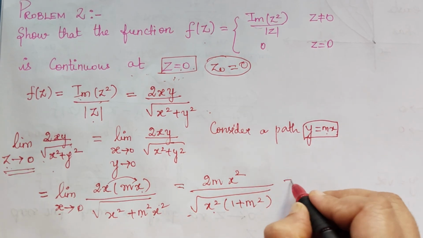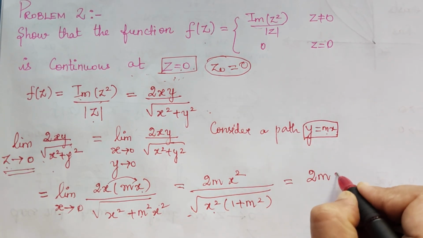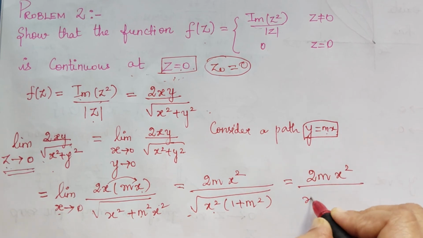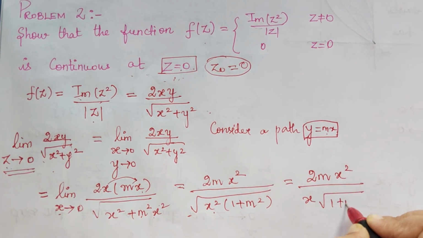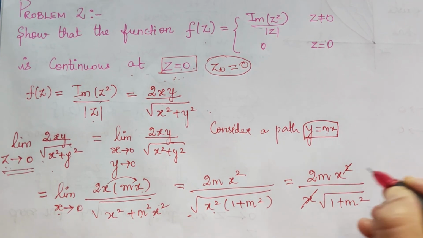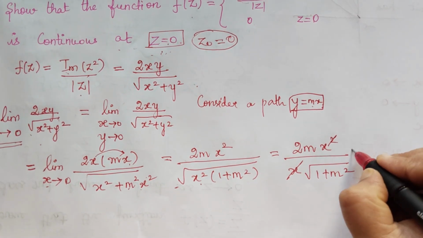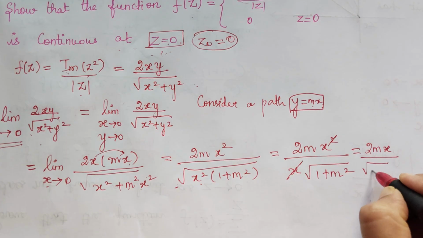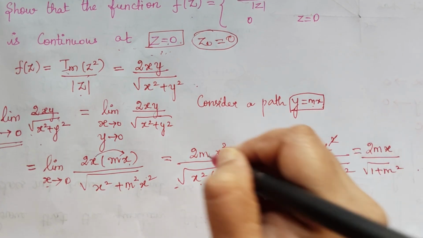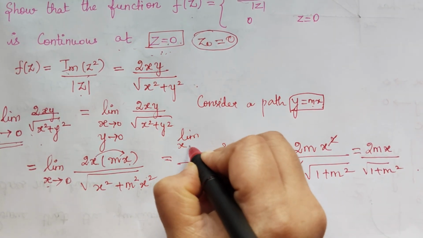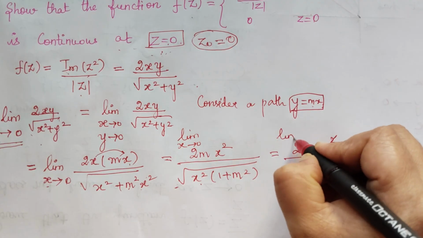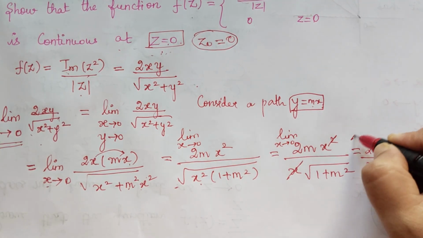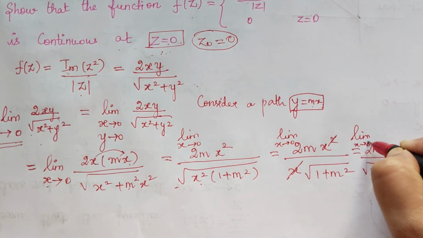Taking this x square out of the square root, we have 2m x square divided by x times square root of 1 plus m square. One of the x gets cancelled and we are left with 2mx divided by square root of 1 plus m square. Everywhere we have to write limit x tends to 0 without fail.